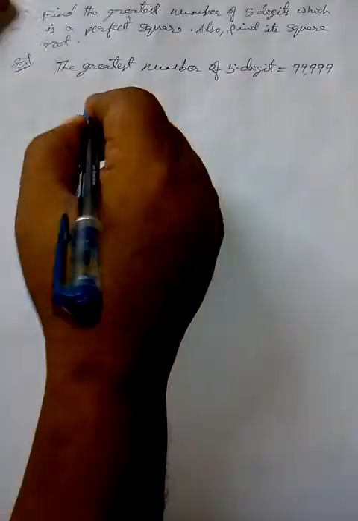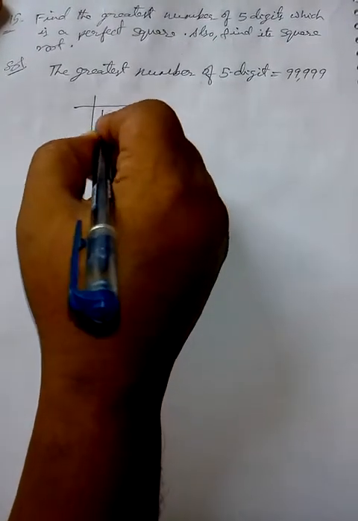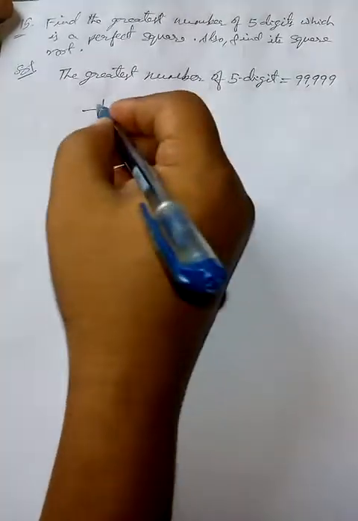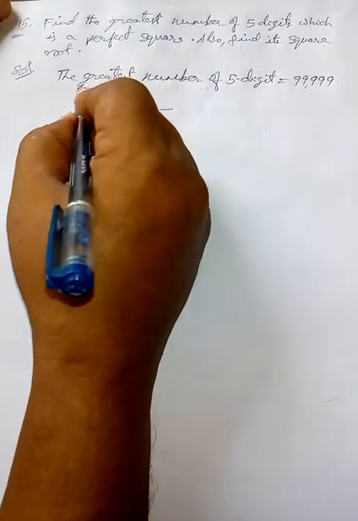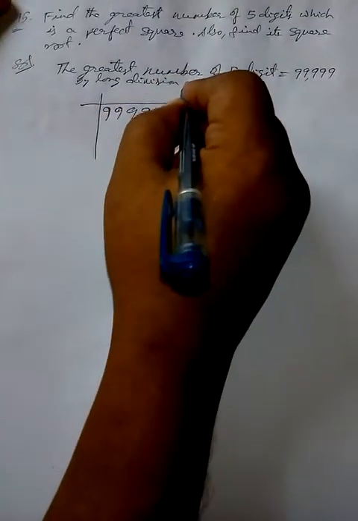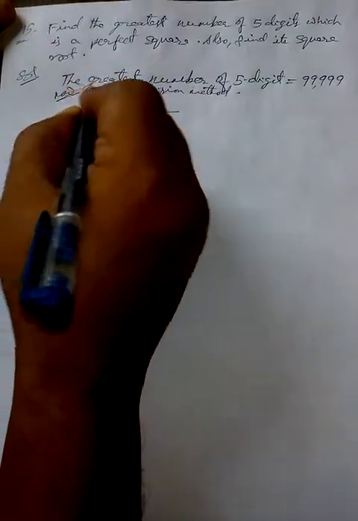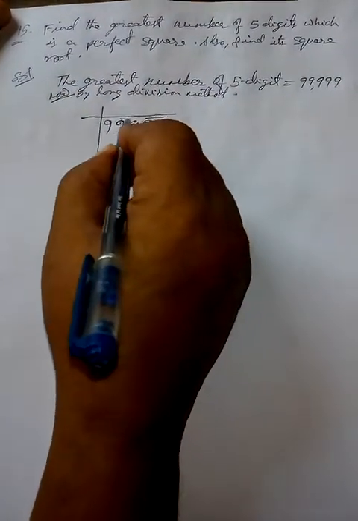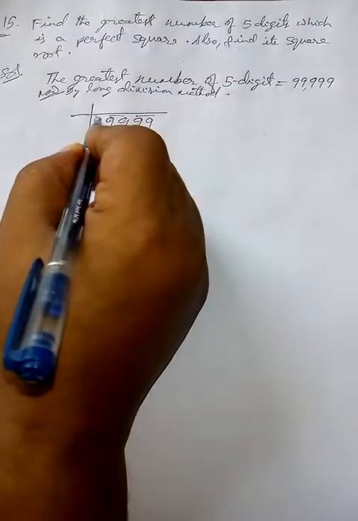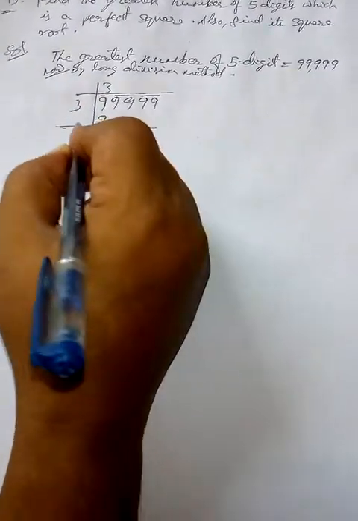Now first we find the square root of this by the long division method. Make pairs from the right. Now this is a pair and this is a pair. This is without a pair, so we will divide this without a pair. 3 3s are 9.